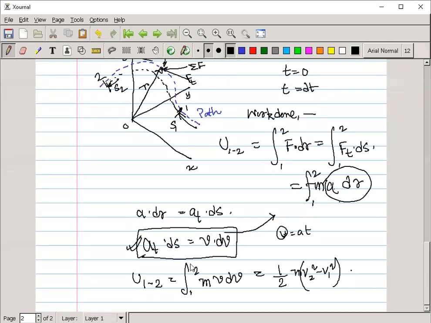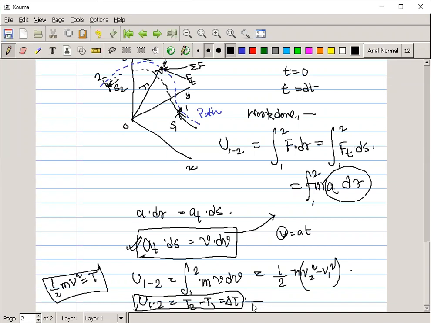Yes, sir. Okay, and if we denote half of m v squared as T, for example, then it is nothing but T2 minus T1, which is delta T. So that is actually your final equation, which indicates the work energy equation.